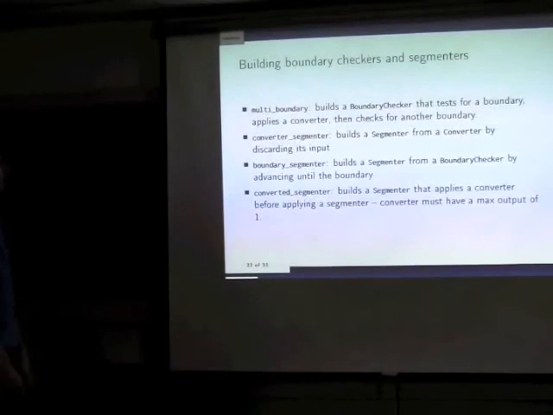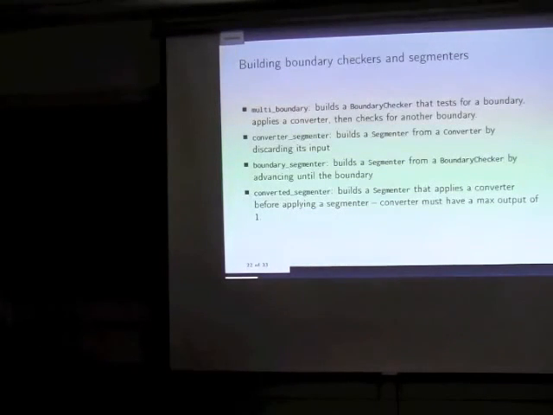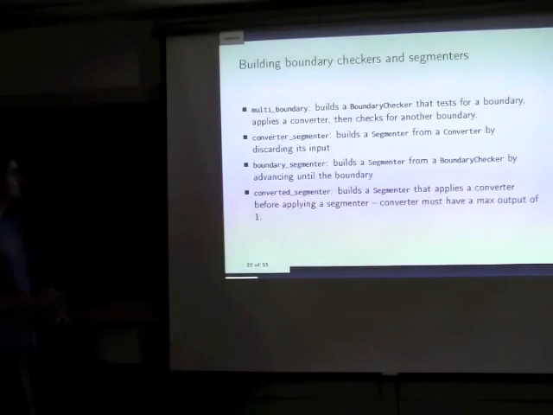I can combine them to build new things. There's a multi-boundary, which first builds a boundary checker, that tests for the first boundary, applies a converter, then tests for another boundary. I can make a segmenter from a converter simply by discarding the output. Not the input, sorry.